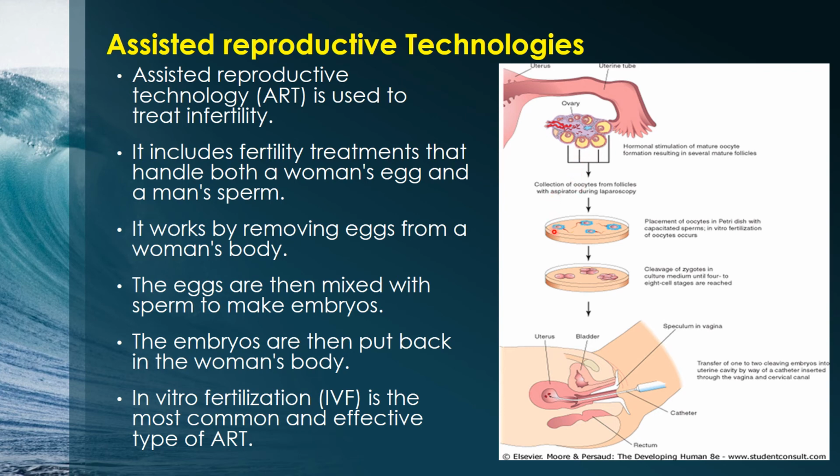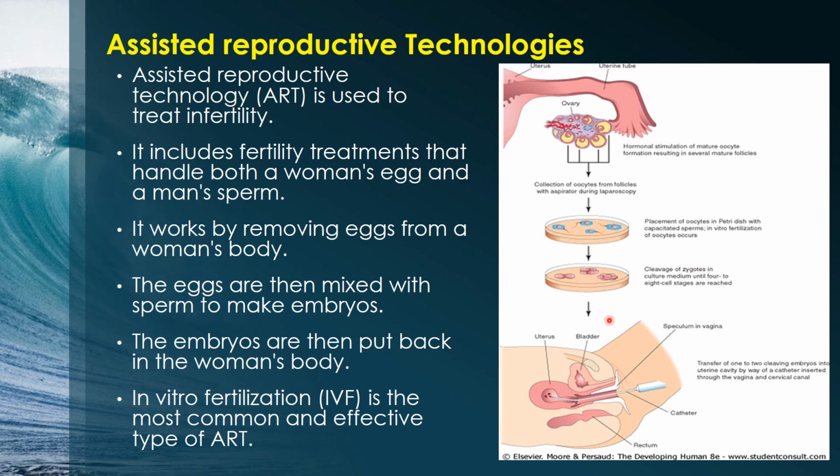And then these mature eggs are placed in a petri dish where they are fertilized with a capacitated sperm, and after the fertilization in vitro, the process of cleavage is initiated in this culture medium, and it forms the 2-cell stage, 4-cell stage and 8-cell stage. So at the 8-cell stage, each blastomere is capable of forming the embryo.